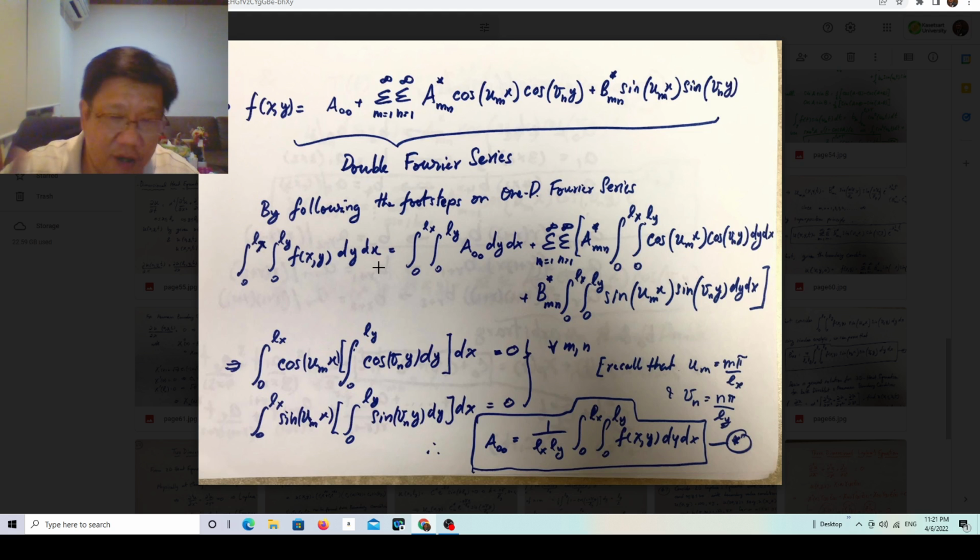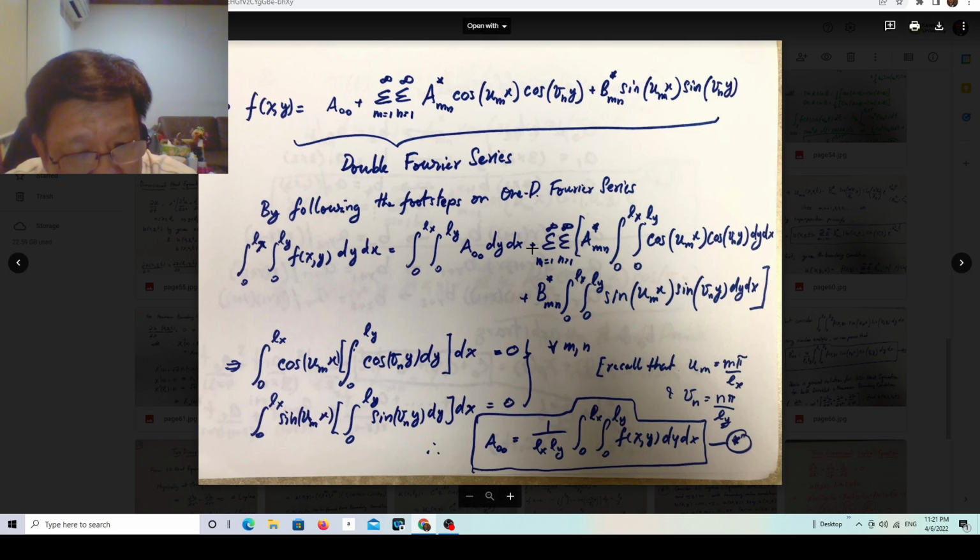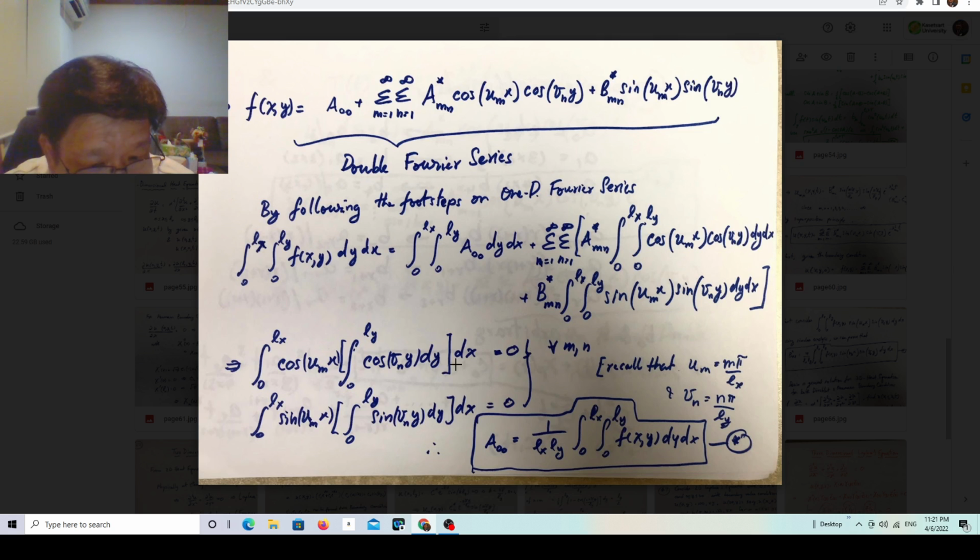So the characteristic of the periodic cycle of f of x, y needs to be extended from what we did in one dimension, so that you can claim that the integration of cos, the integration of sine here, is equal to 0. Since you integrate the cos over here, what is the area under the curve of the cos function? 0. The cos function gives 0, sine gives 0. So the only remaining term is this one.